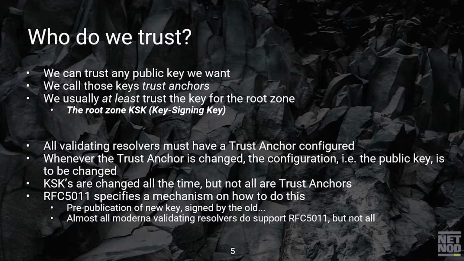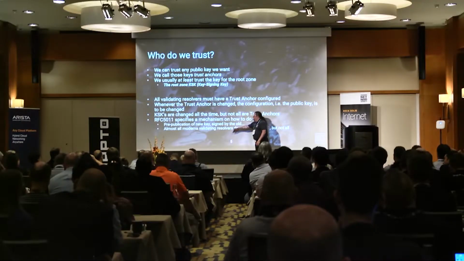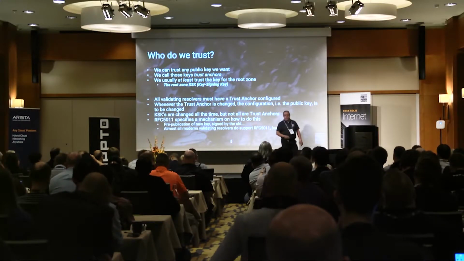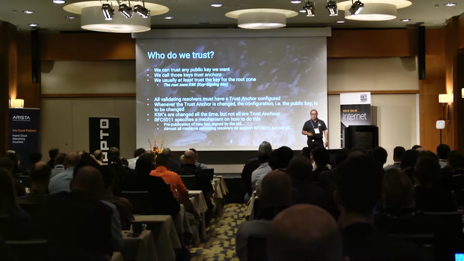So by trusting the existing key, we will trust the next key, which could be viewed as a little bit of cheating. But this also means that almost all validating resolvers today can do a replacement of the current trust anchor by trusting it to introduce the next one.